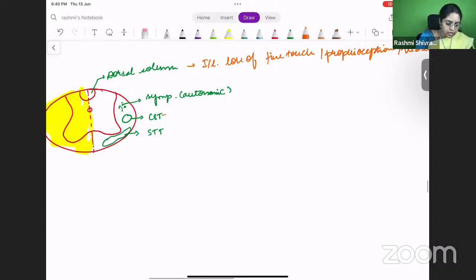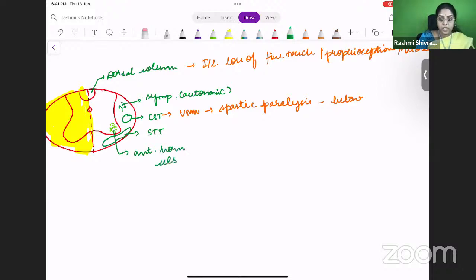Once the corticospinal tracts are affected, it is a UMN lesion. Below the level of lesion, you will have UMN spastic paralysis. One more thing you will be having: these are the anterior horn cells, and they will also be getting affected.